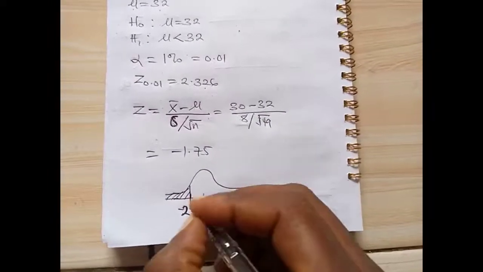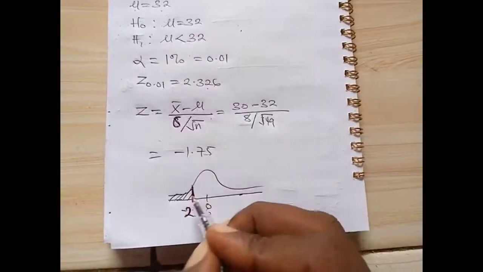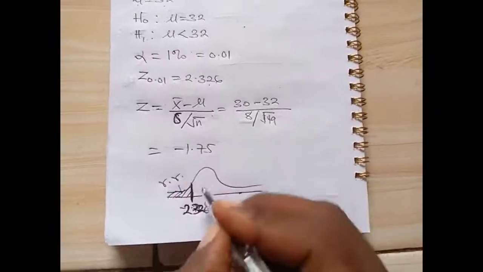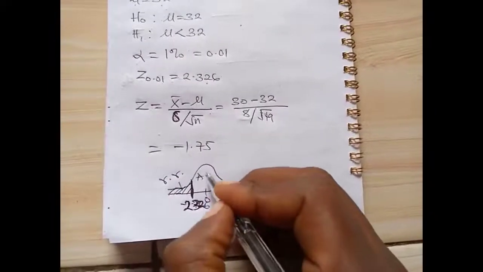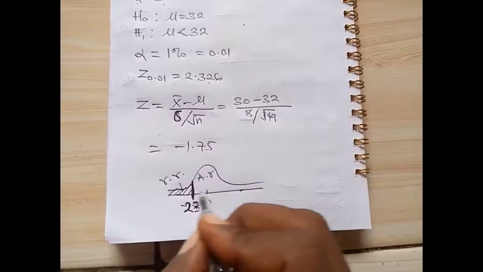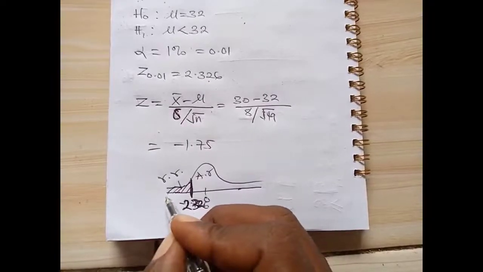So here is 2.326. We now need to bring this value to put here to know where it's going to be. This area is called rejected region. This whole place is acceptance region. So the value we got, if it falls within here, we accept H0. If it enters here, we reject H0.